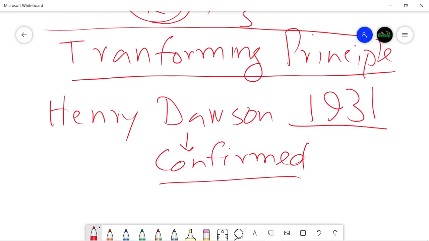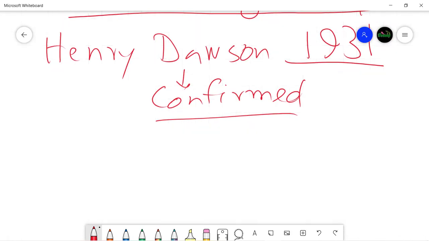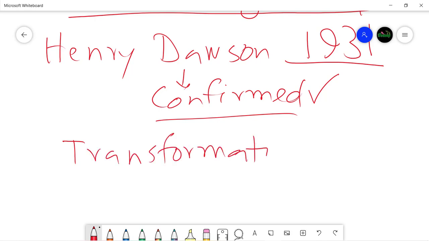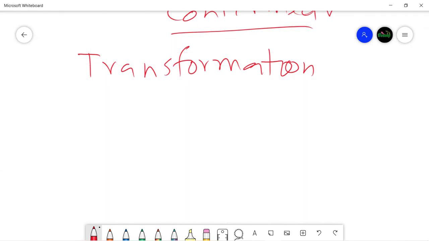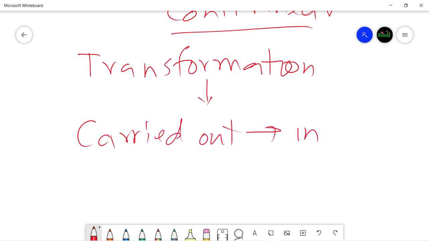Henry Dawson and his co-workers not only confirmed it, they in fact extended it one more step, and that is they showed that the transformation of type 2R into type 3S can be carried out in vitro, that is in a test tube.